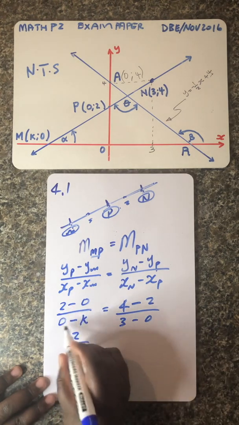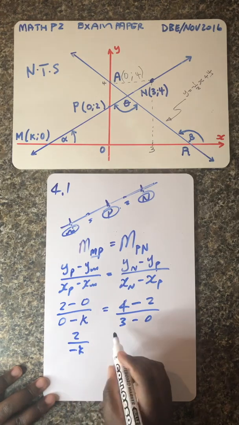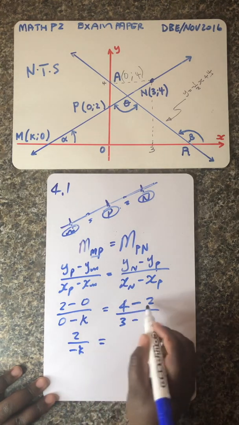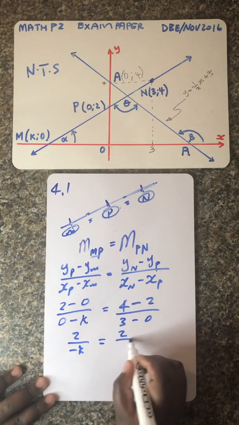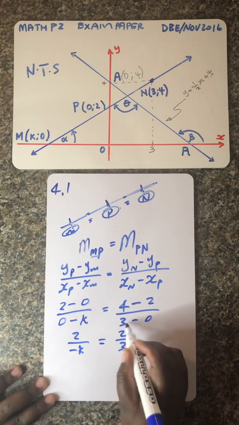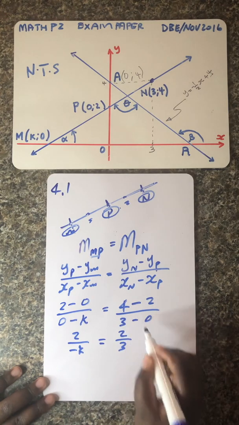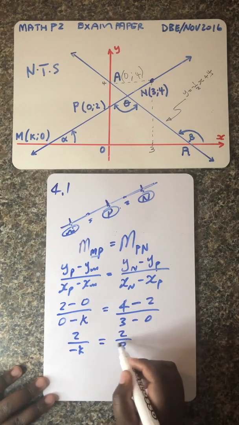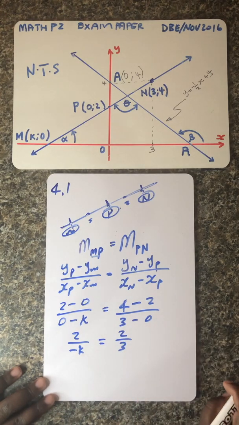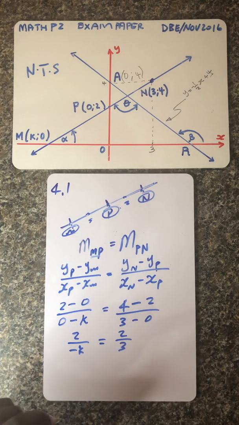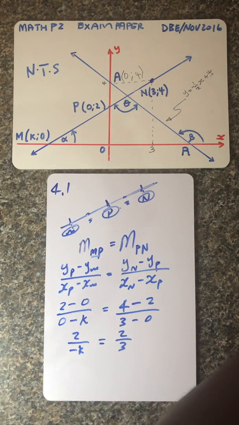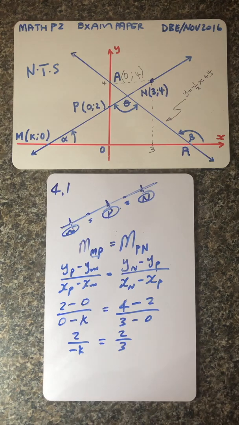This is over 0 minus k, it's just negative k, which is equal to 4 minus 2 is 2 over 3 minus 0, is equal to 2 over 3. Okay, so guys, let me just check for a different marking pen and write this information.